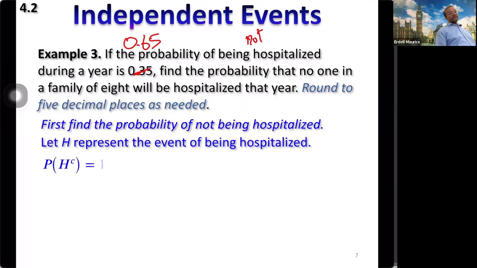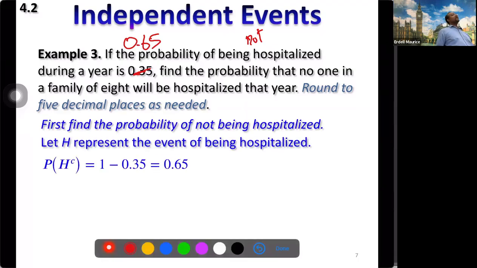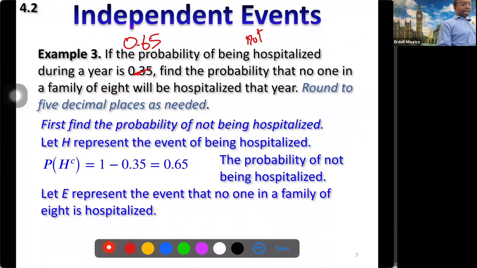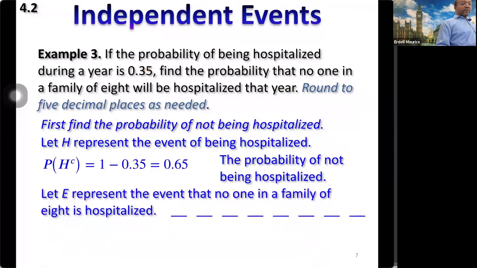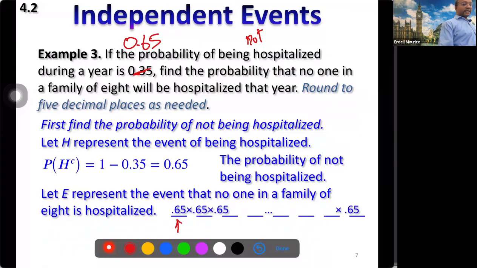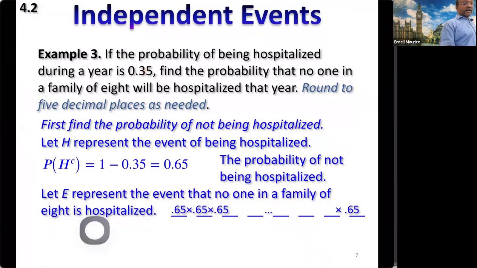First, they find the complement of the set, 0.65, and then you just multiply 0.65 by itself right here. So how many people do I have in my family? I have 8 people. What's the probability that the first person does not get hospitalized? 0.65. The second person? 0.65.